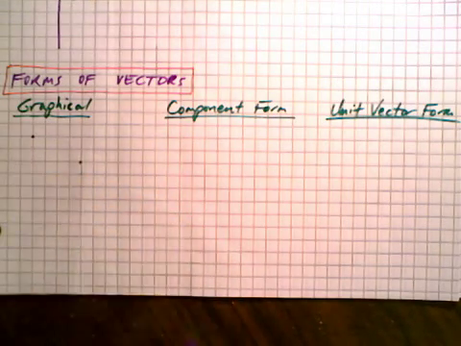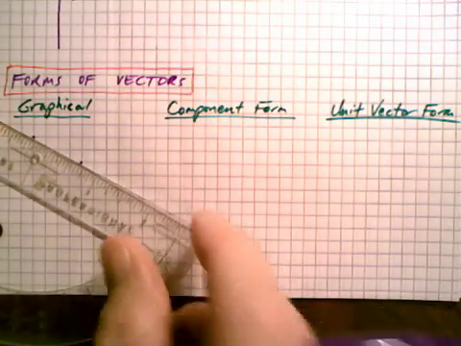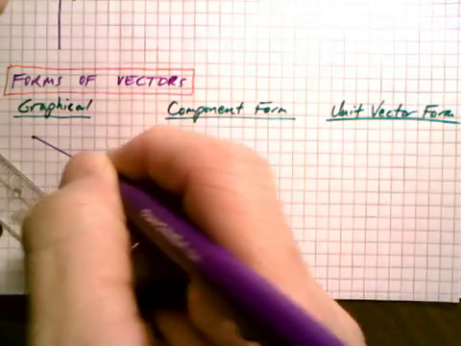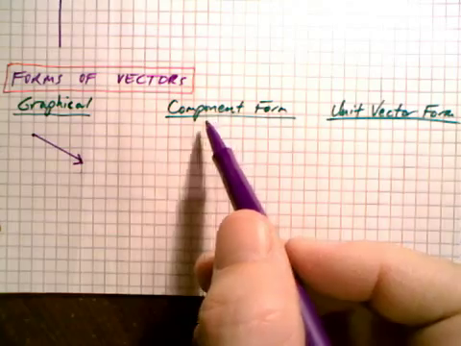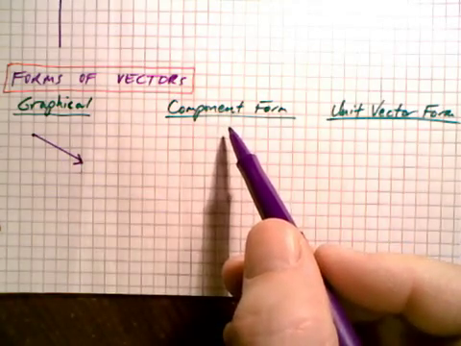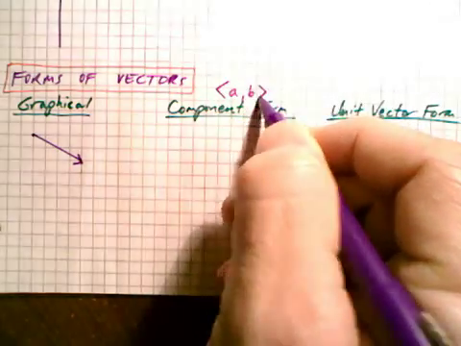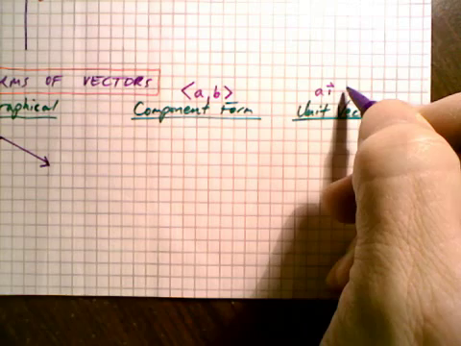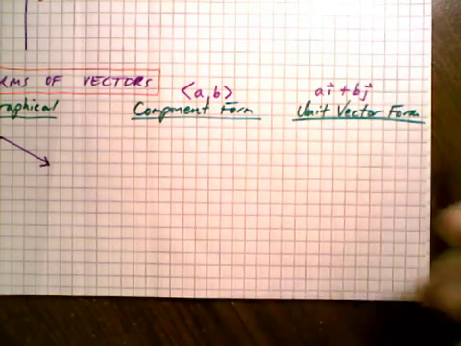Okay, so let me draw it nice and straight, so you can see the grid here. This is going to be like your test: I want you to express this vector in component form. Component form is a comma b, and the unit vector form would be a multiplied by the unit vector i plus b times the unit vector j.